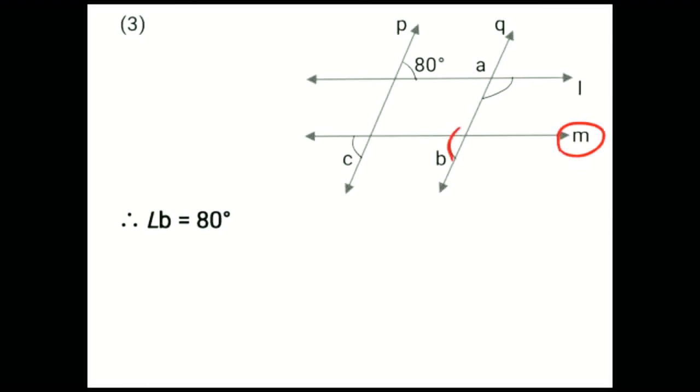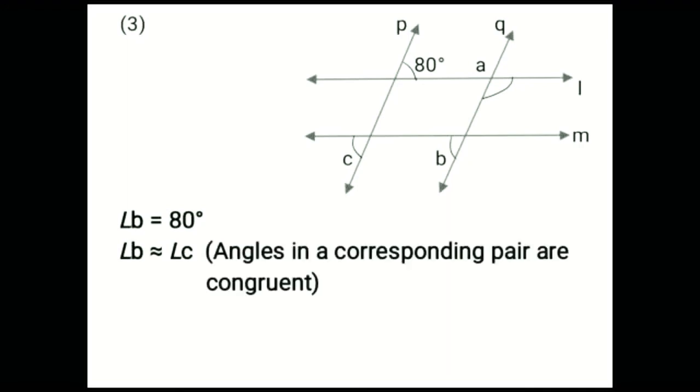If angle B is 80 degree, angle C is 80 degree. Got it? Angle B is equal to 80 degree. Angle B is congruent to angle C. Write the reason: angles in a corresponding pair are congruent. Therefore, angle C is equal to 80 degree.